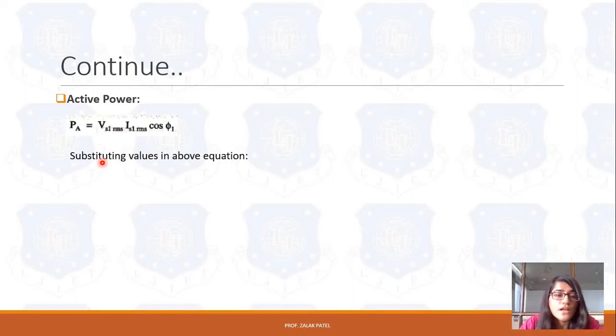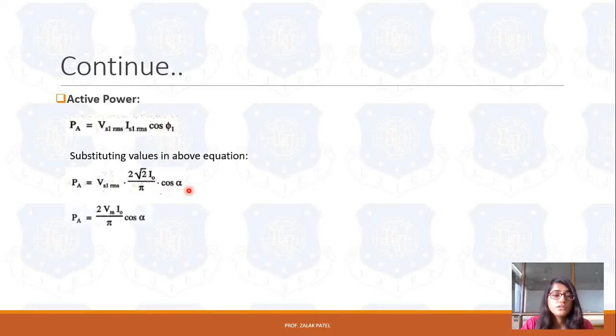So if we put the values, then it is like this: VS1 RMS as it is. This is fundamental supply current component. So we have the value of supply current component of fundamental value. Then it is 2 root 2 I0 upon pi cos phi means cos alpha. Here phi is replaced by the firing angle, that is alpha. Firing angle is also called a delay angle.